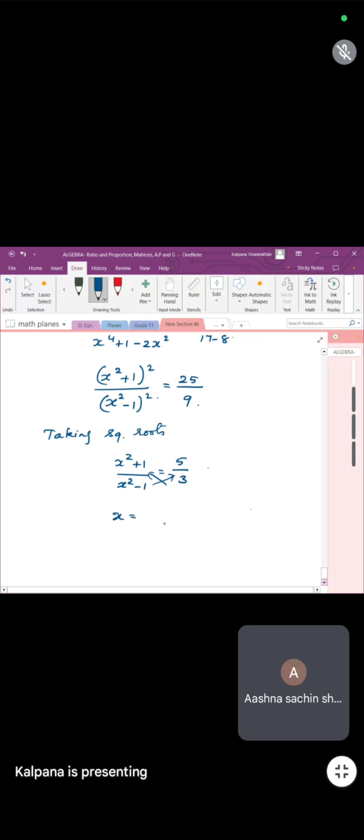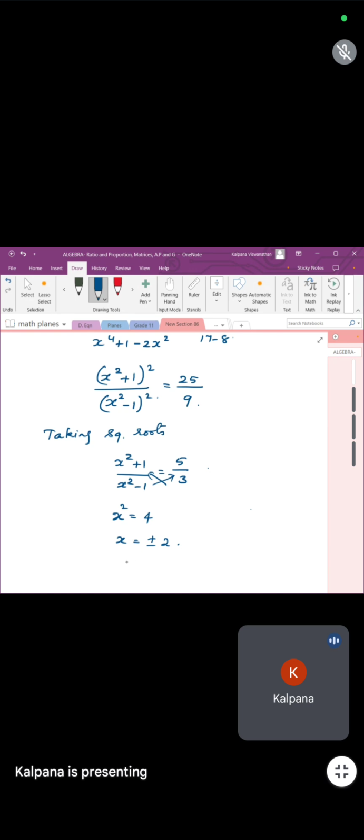Ma'am, I got it as 2. The x value is 2, or x square is 4. So x is plus or minus 2. Please give both the answers, plus or minus. Here we are not talking about any distance or area, so there is no need for x to be positive. x can take both the values.